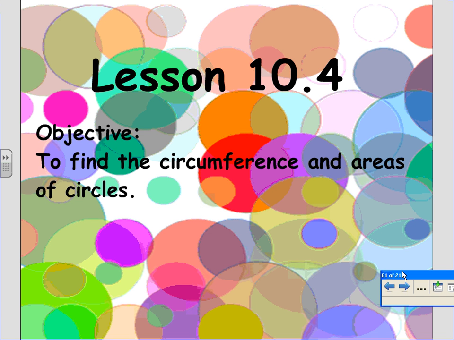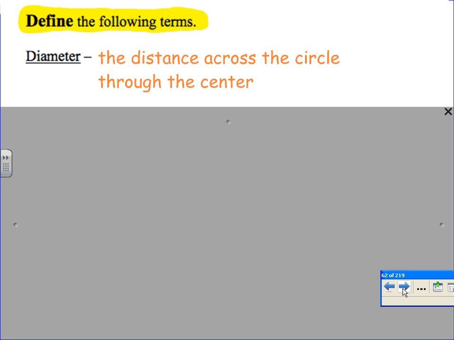All right, so objective is to talk about circumference and area of circles. I'm going to go pretty quickly through this because I know you guys have already learned this. Yes, there are some more challenging problems towards the end of the lesson, but that's as hard as it's going to get. So first thing is we need to talk about a couple definitions. First one is diameter.